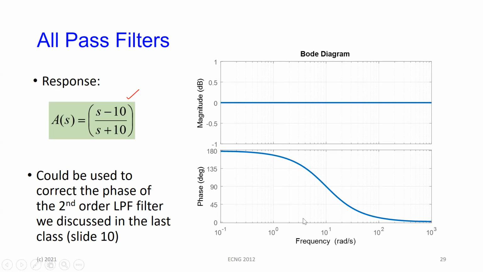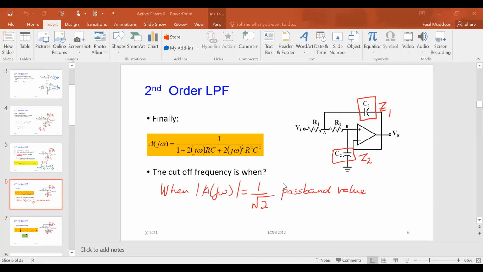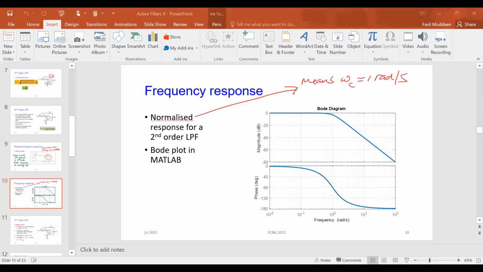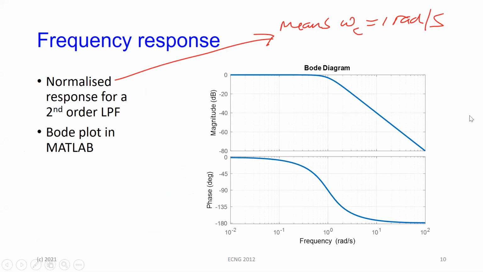If you were to check a filter that we did last time, let me stop this sharing for a second and go back to something that we did last time. Look at this filter. This is a second order low pass filter, the Sallen-Key filter.